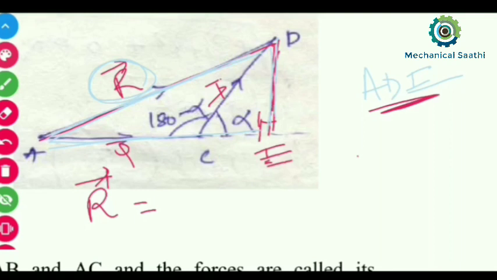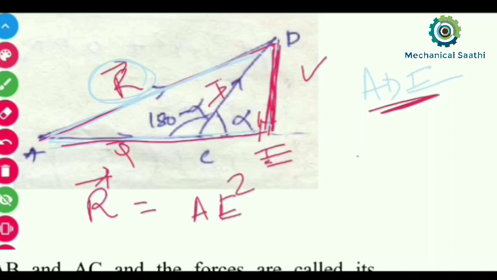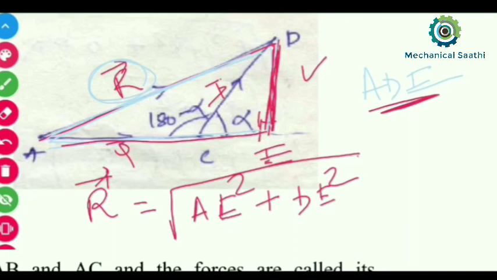R will be equal to what? The value of the squares, that is AE square plus DE square, under root. So the square root of these values will give me the value of R. If I can calculate the value of these two sides of this triangle, then I can calculate the value of R. So let us try to calculate that.